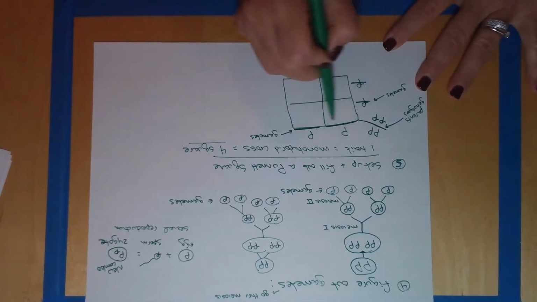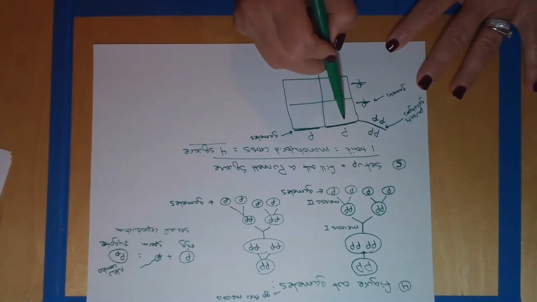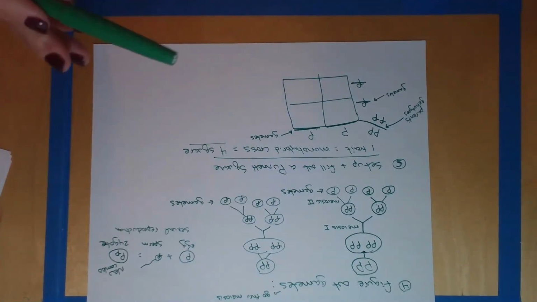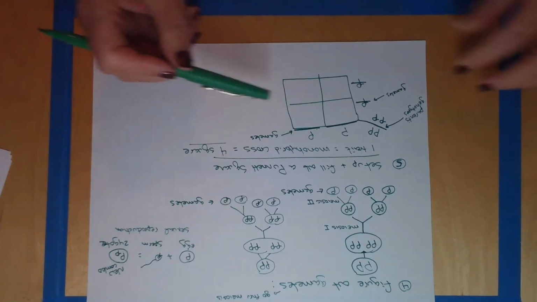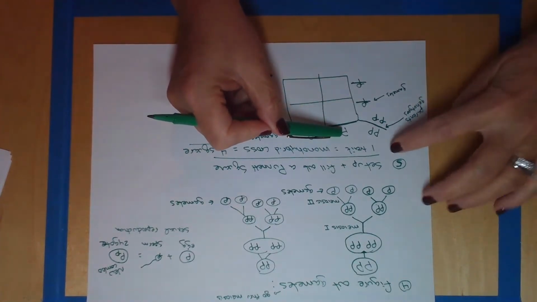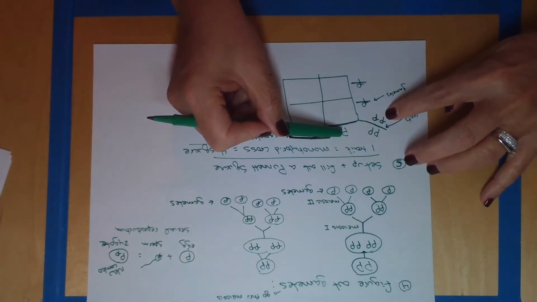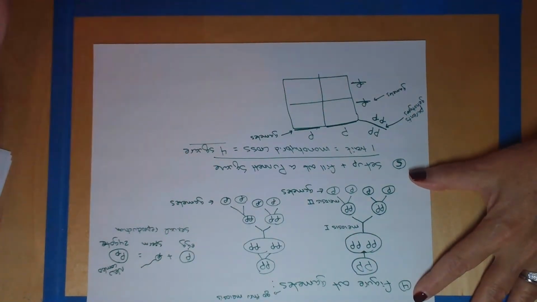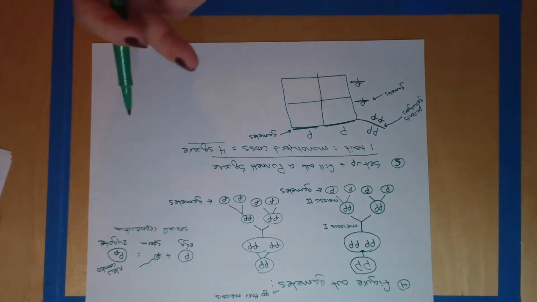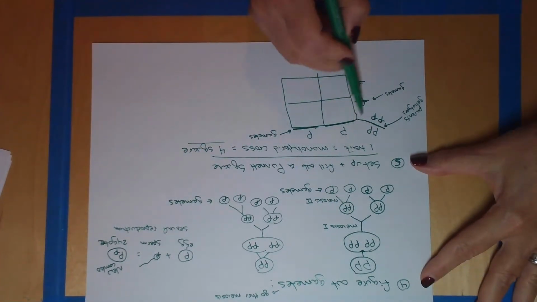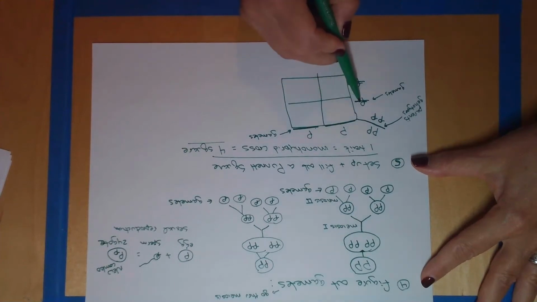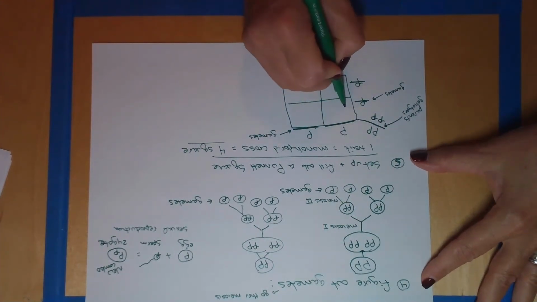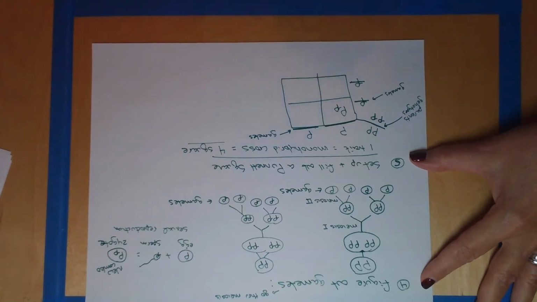Okay? All right. Now this is where things get a little touchy, because what we have to do is take the gamete from the purple parent and combine it with a gamete from the white parent, because that's what happens during sexual reproduction. The egg and the sperm combine. So if we pretend that this is the male and this is the female and this is the sperm and this is the egg, we need to bring these 2 together, and this is the offspring.